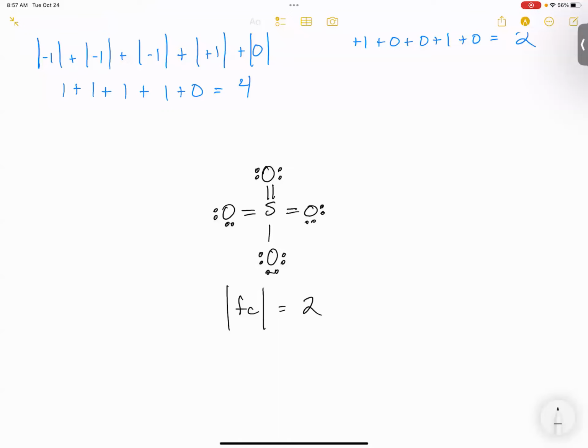See a couple of people doing it, but not many. I want you to calculate the formal charge on the structure. And tell me why this structure cannot exist.